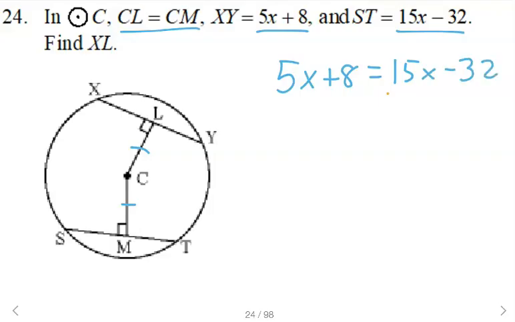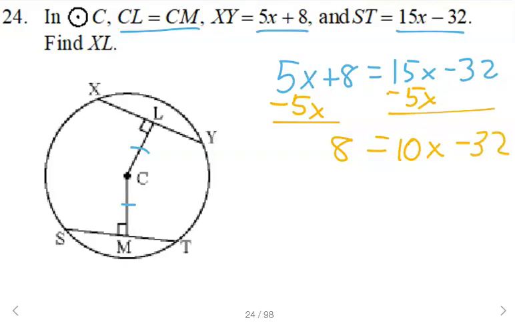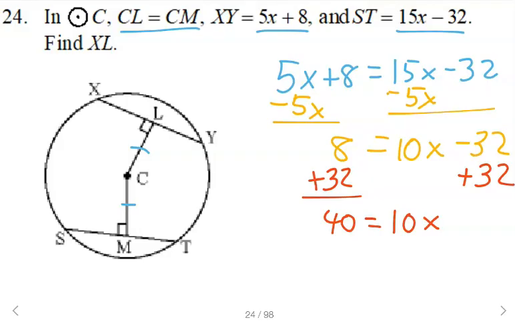Now let's subtract 5x from each side. We get 10x. Then we have a two-step equation from here. To get rid of minus 32, we'll add 32 and get 40 on the other side. And so 40 equals 10x. To get rid of multiplying by 10, we'll divide by 10, and so x is 4.